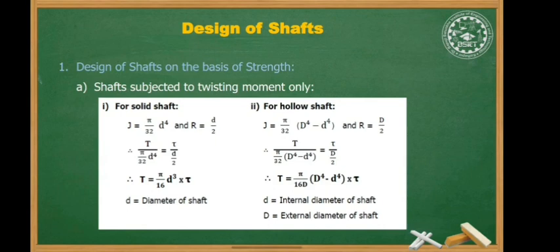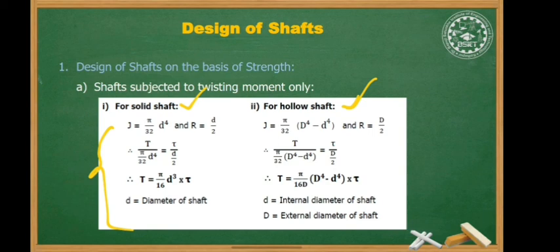When the shaft is subjected to twisting moment only, the polar moment of inertia is calculated by using these two equations. Here the shaft may be a solid shaft or a hollow shaft. First see the solid shaft. Here J, the polar moment of inertia, is pi by 32 d raised to 4 and the radius is d by 2.